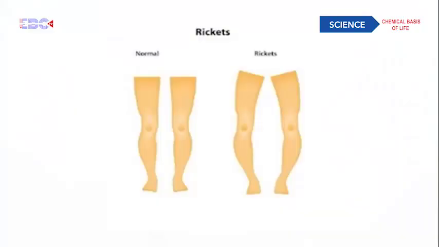Then some deficiency syndromes, right? You can have rickets, right? Rickets means softening or weakening of bones. This image shows clearly what happens when rickets is there, right? Then weakening of bones and teeth, right? Then growth disorders are there, right?